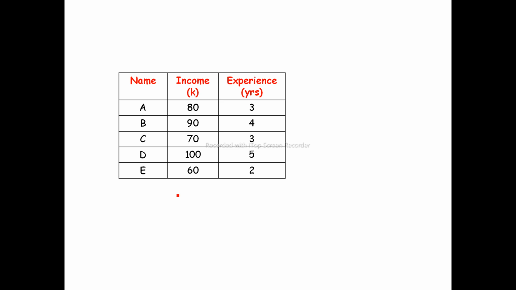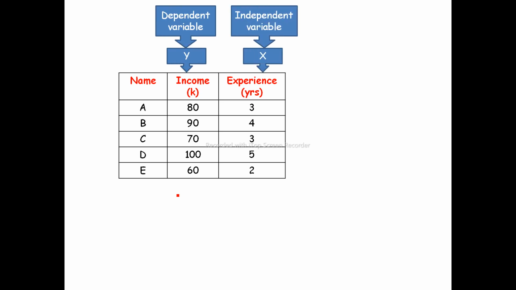So we have income as the dependent variable because it depends upon the experience. If any person has more experience, obviously his income will also be more. If experience is less, income will also be less. So over here experience is our independent variable and income is our dependent variable.